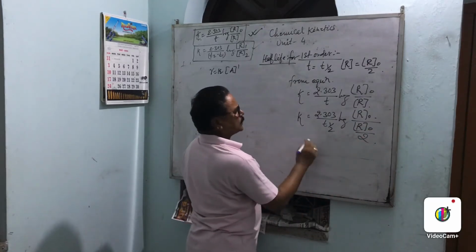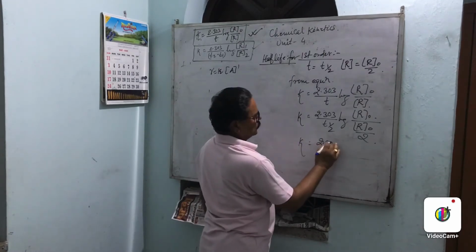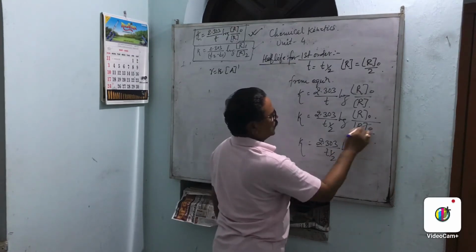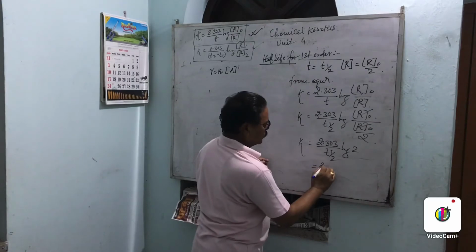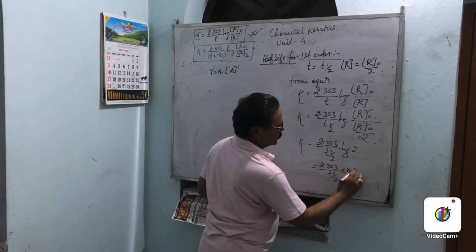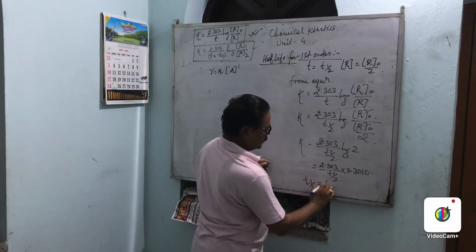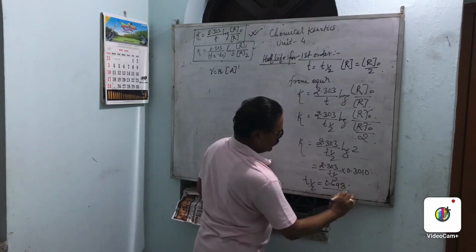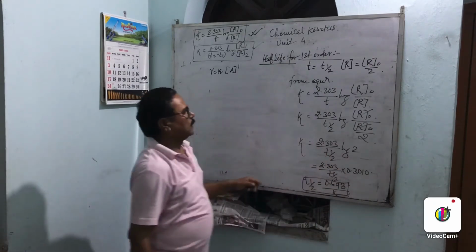So we have 2.303 by T half and log 2. This will cancel out. If you put the value of 2.303 and T half and 0.3010, then T half comes to be 0.693 by K. So this is the half-life for the first order reactions.